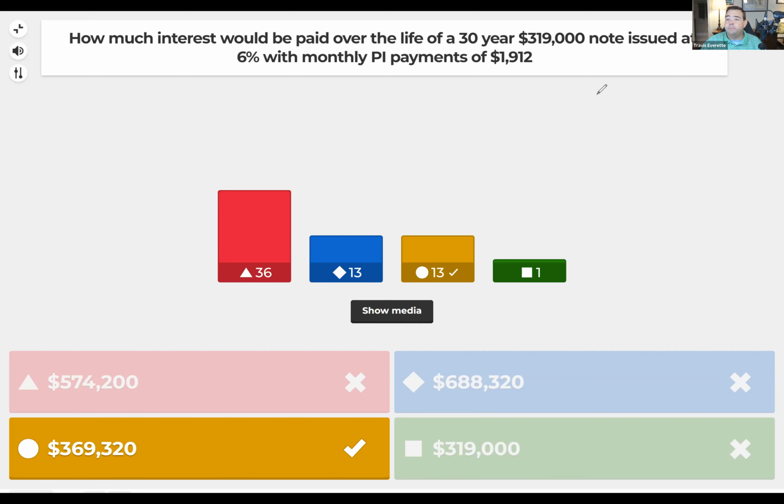Okay. Katrina said, but you just want to know how much interest. The PI includes principal and interest, and you're still a little bit confused. You're right, Katrina. The PI does include principal and interest, which just means you need to subtract the principal out. If what you've got includes both, just get rid of the principal.